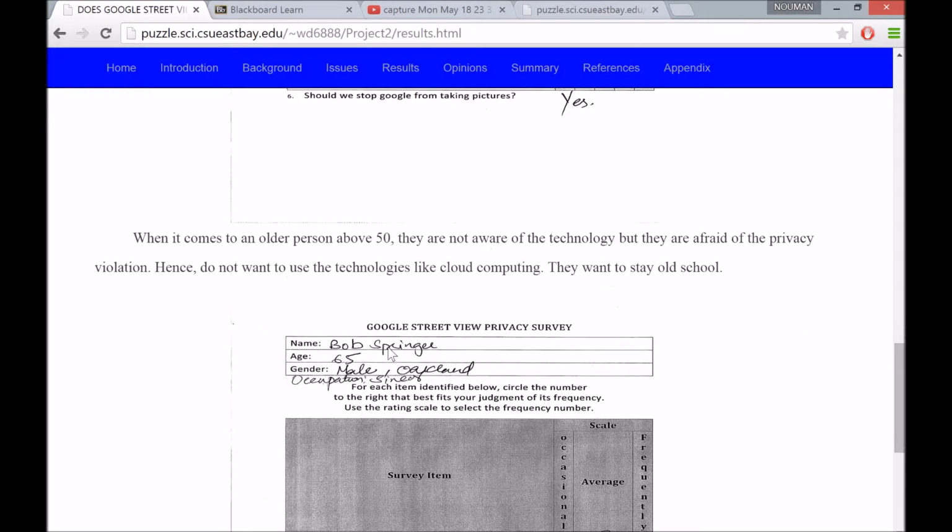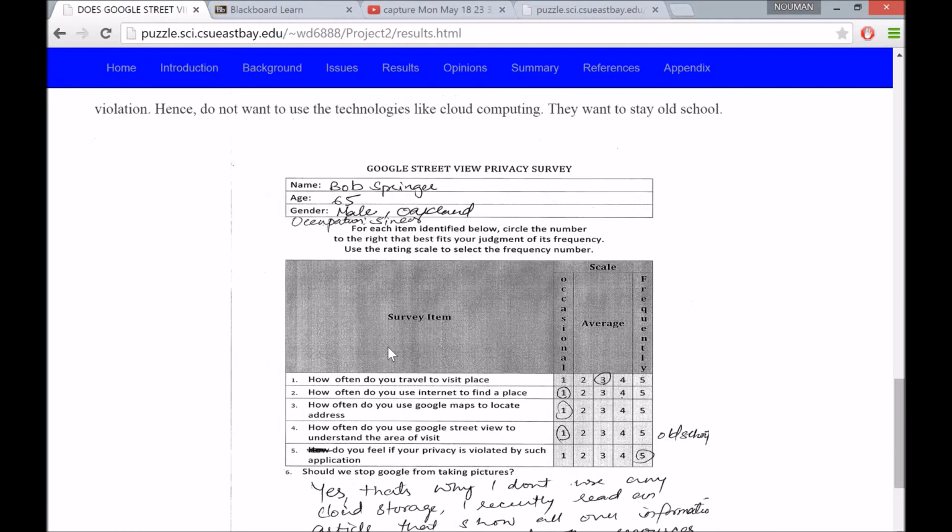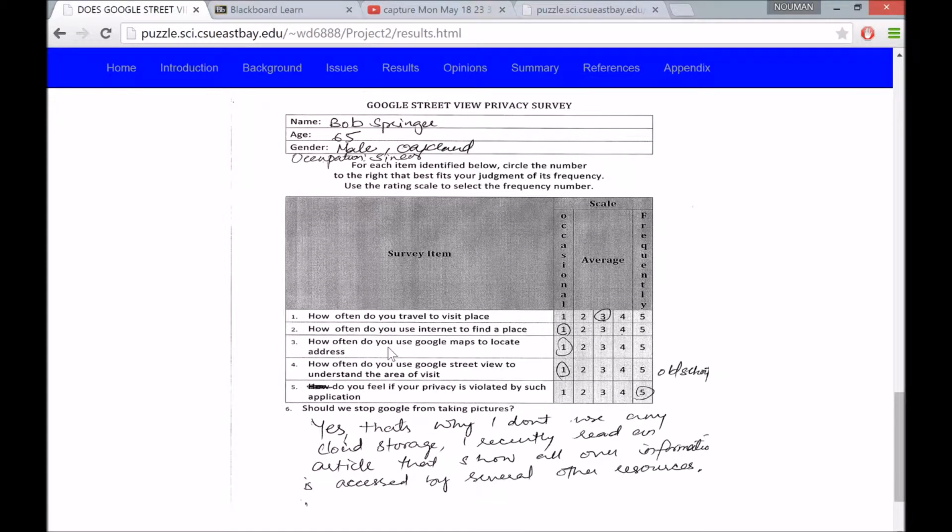There was another interesting case of a person who is older, a senior citizen. As we know, older people are not that much involved in technology, but they try to stick to the old school method. Before visiting any place, they ask people around how to get to that place.